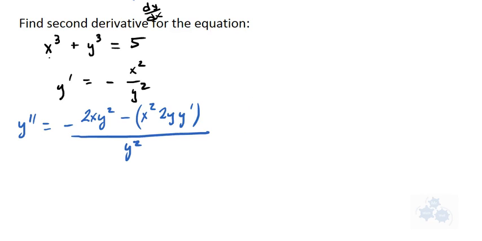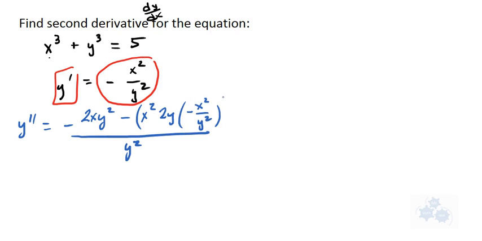It's at this point that we don't want to leave y double prime in terms of x, y, and y prime. So here's where we have to do some substitution. You see this right here? That's actually what y prime equals. So I'm going to substitute y prime, putting in negative x squared over y squared.